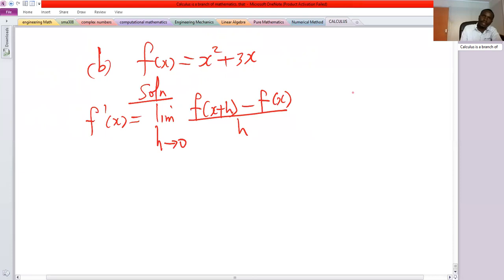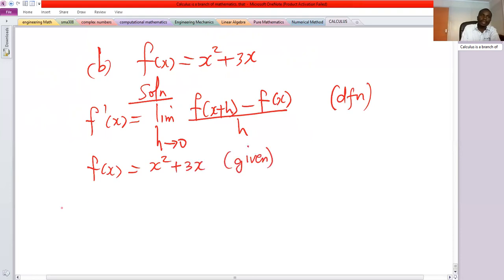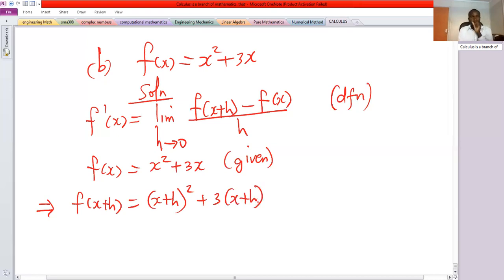This is the definition of a derivative. So f of x is x squared plus 3x. This is given in the question. Then it implies that f of x plus h will be x plus h squared plus 3 into x plus h.